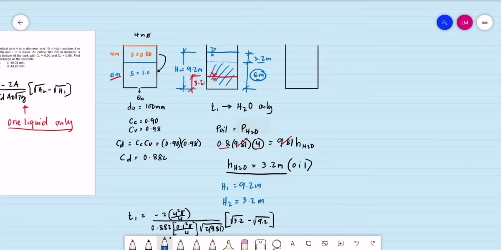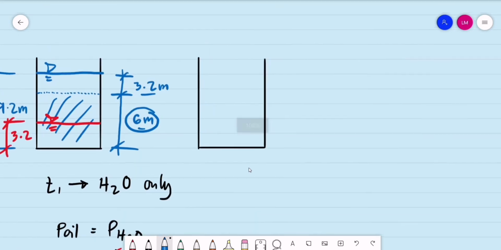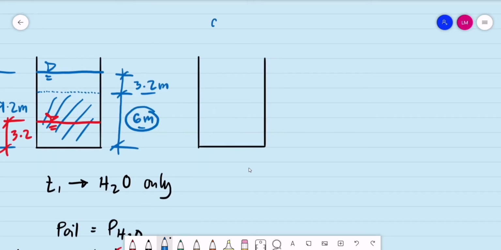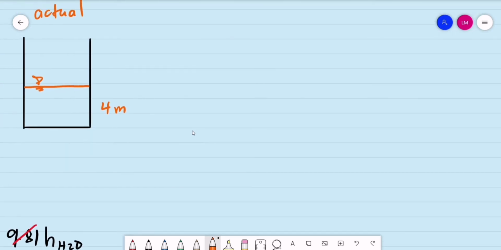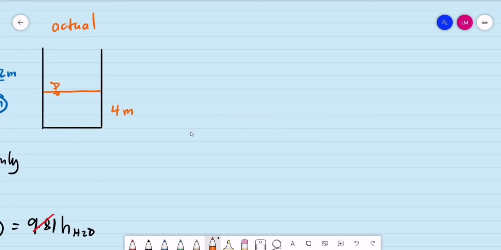Okay, ngayon, pagkatanggal ng tubig, in actual, ano na yung naiwan? Para sa actual, ang naiwan na doon ay oil with a height of 4 meters. So, ano naman yung magiging initial head natin at saka final head?